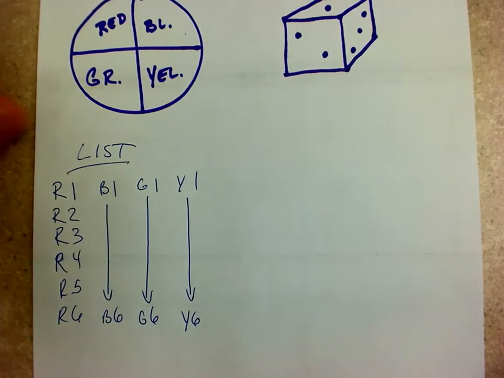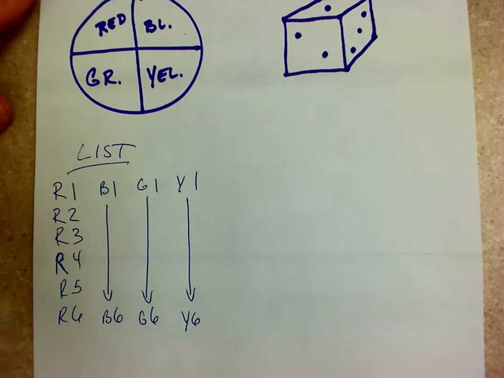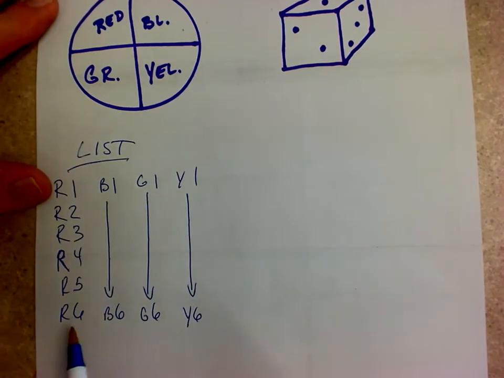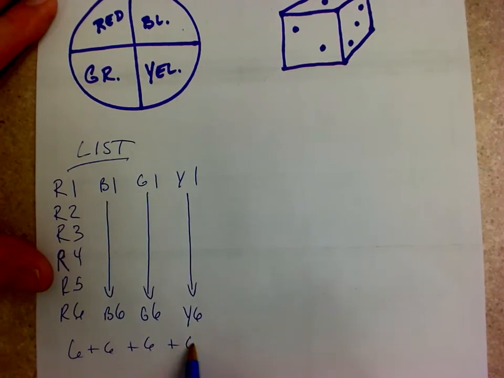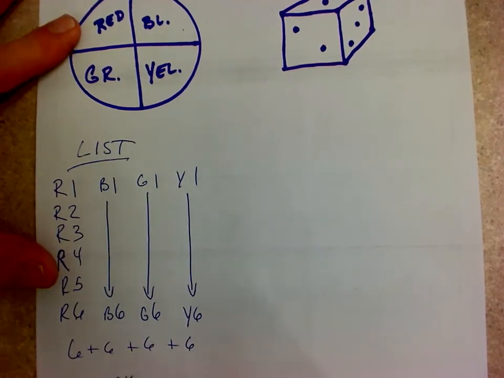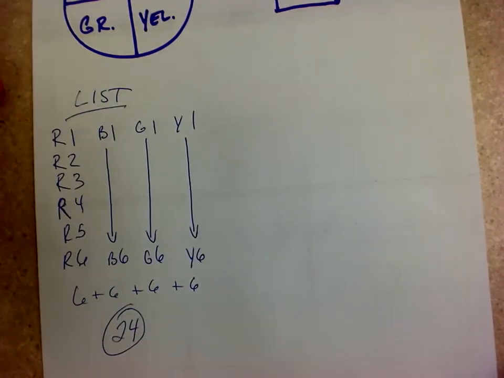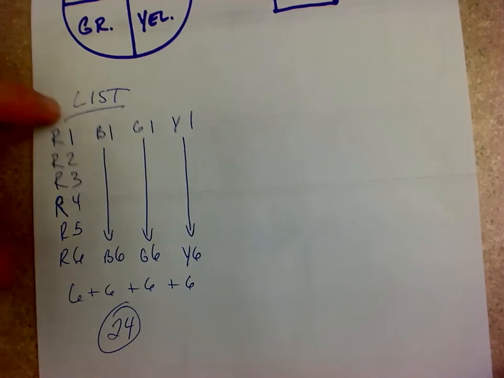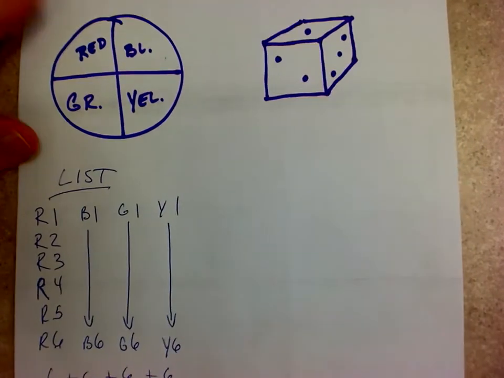So one way to answer these types of questions is just to generate a long list. Try to be organized about that list. It will save you some time, but we can see 6 different reds plus 6 different blues plus 6 different greens plus 6 different yellows leaves us with a grand total of 24 different combinations. So that's one way to organize this problem so we can keep track.